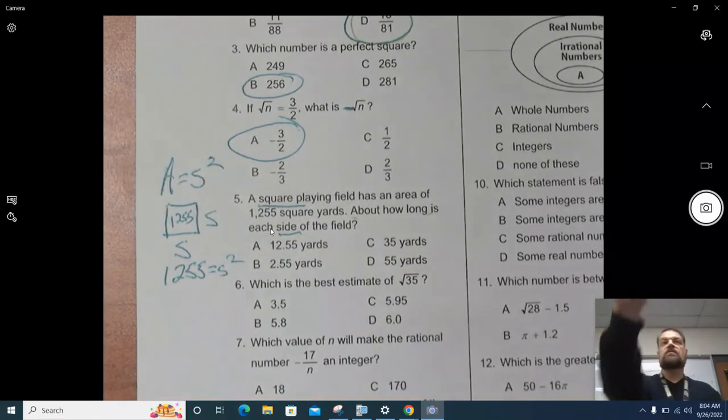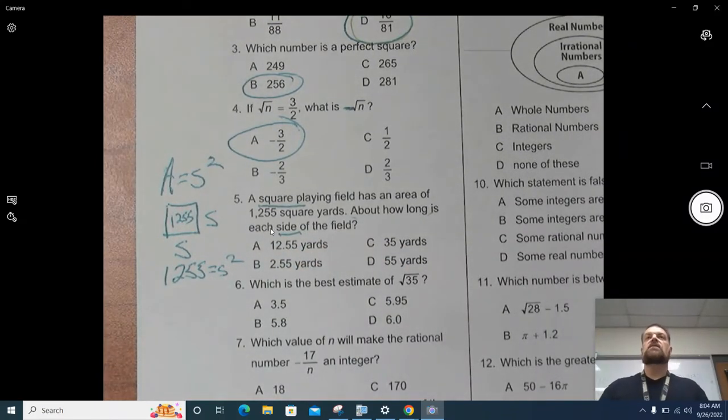What do you think we do? What do we do to solve for s? Well, you raised your hand. How do you undo a square?